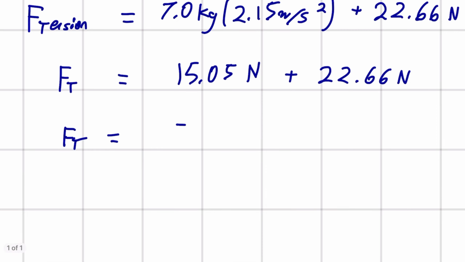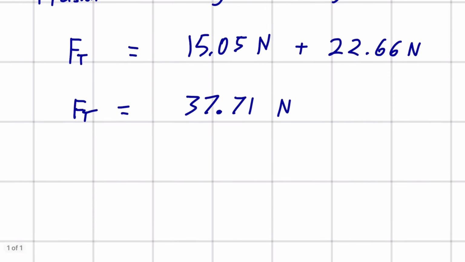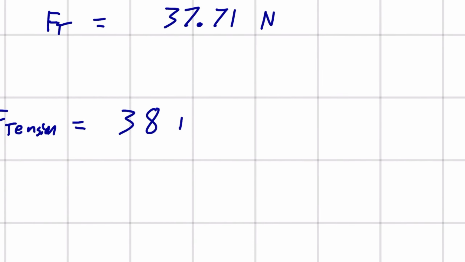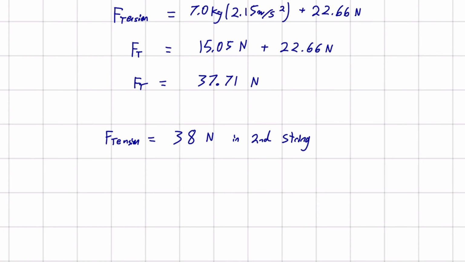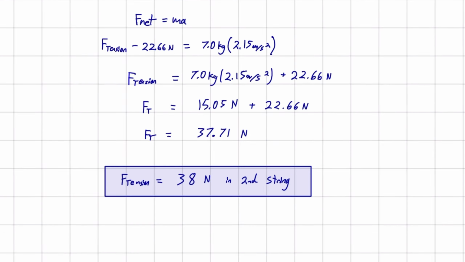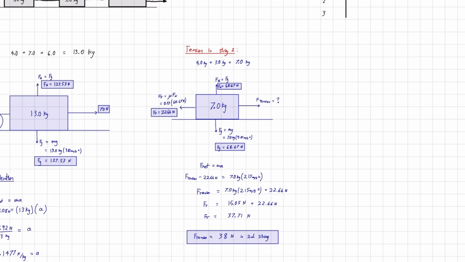Going one step further down, 37.71 newtons. So that tells us that our force of tension is equal to, I'm going to round this to two significant digits, 38 newtons in the second string.